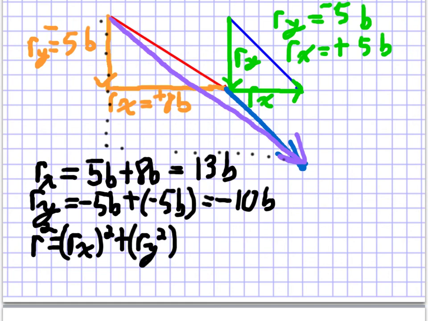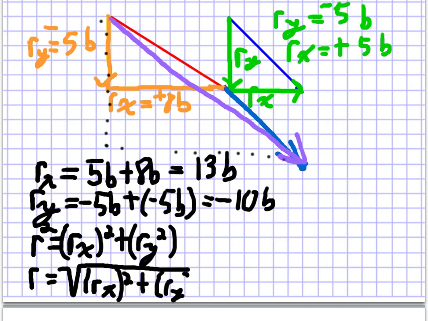Okay? And then whatever you get there, you take the square root. So R equals the square root of Rx squared plus Ry squared.